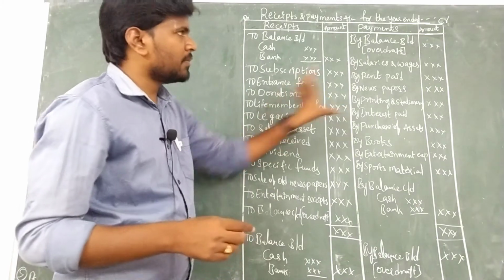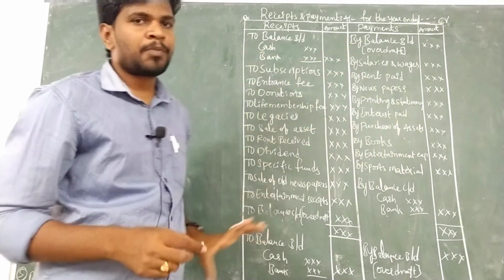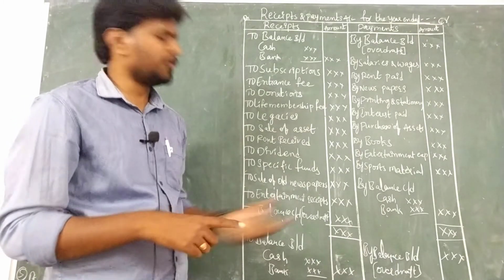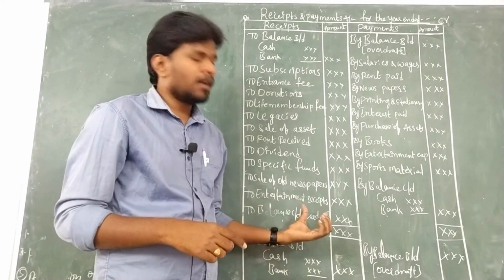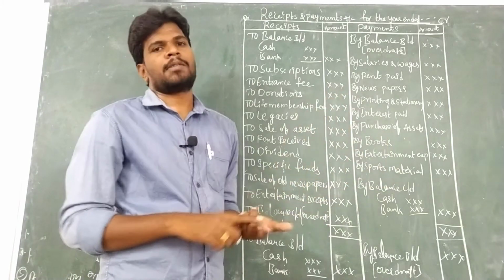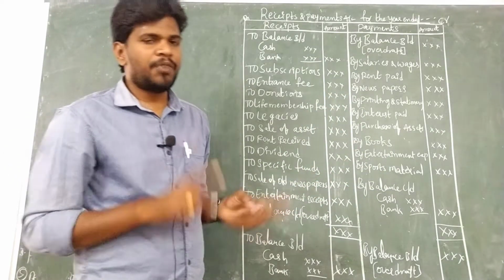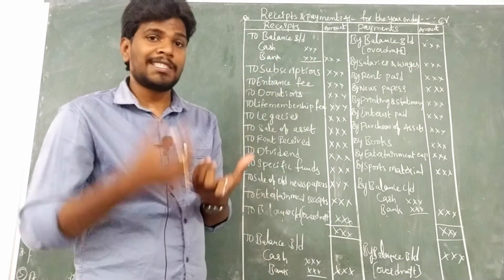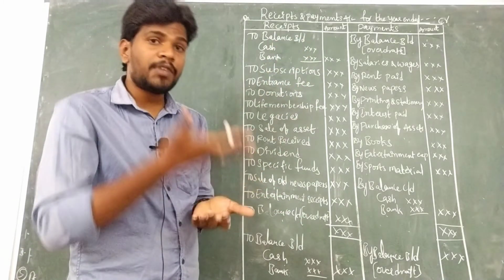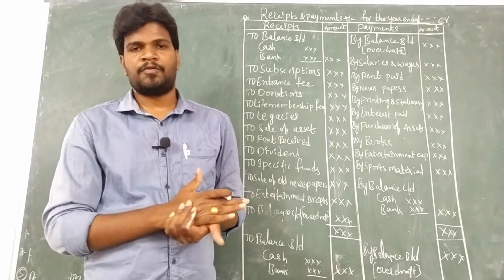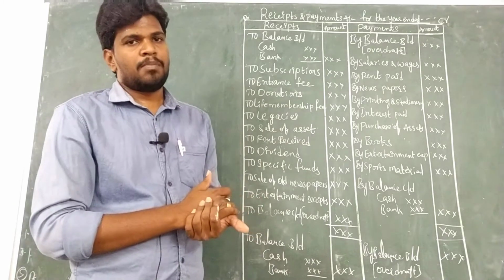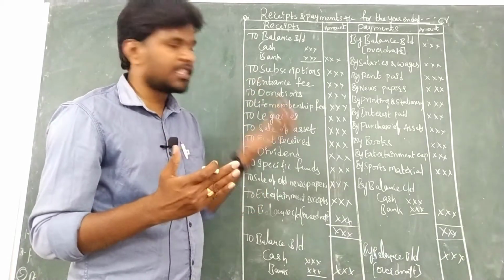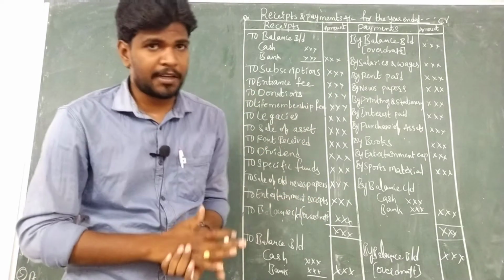After recording receipts and payments, we have to total both sides. After totaling both sides, we compare which is greater. Cash receipts are always debit, because without a cash balance we can't make a payment. But for bank, sometimes receipts may be greater and sometimes payments may be greater.